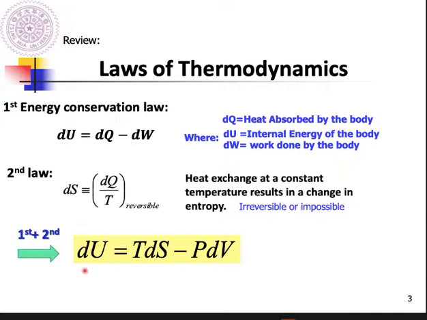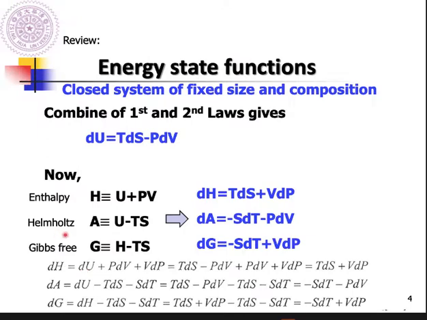Based on this, in thermodynamics, we also introduce the other three energy state functions, included with this internal energy: the enthalpy, the Helmholtz energy A, and the Gibbs free energy G. And one important assumption in using these energy state functions is that this dU, the change of internal energy, equals T dS minus P dV.